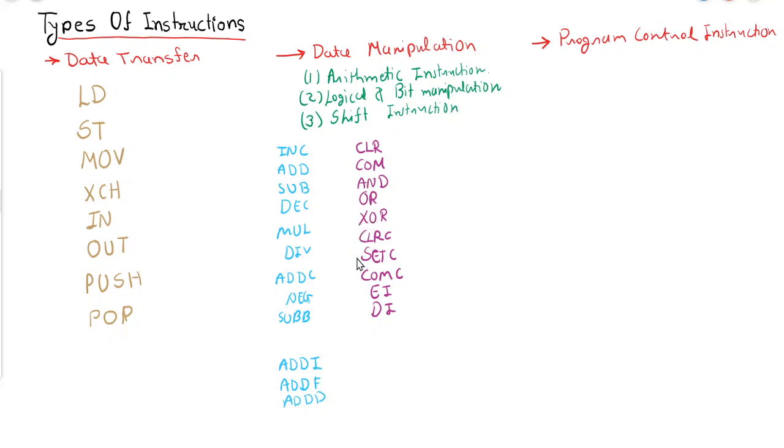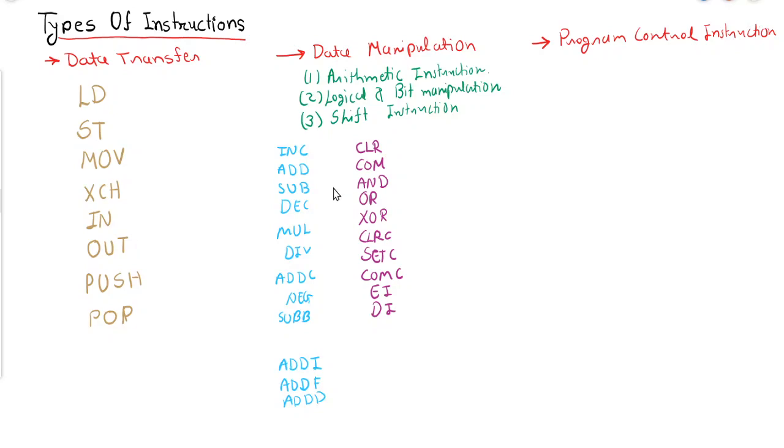Now, in logical and bit manipulation instructions, there will be operations which are related to a specific bit, or we want to apply a logical micro operation or logical instruction to an entire variable. For example, AND. AND is used in various operations, like if you want to perform masking, then the AND operation can be useful.